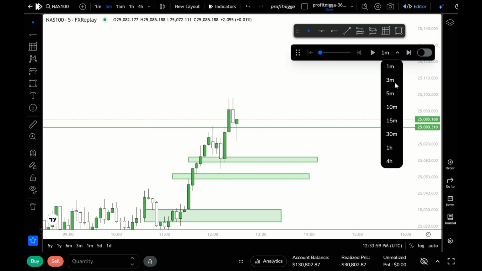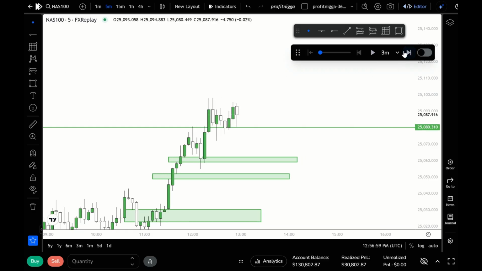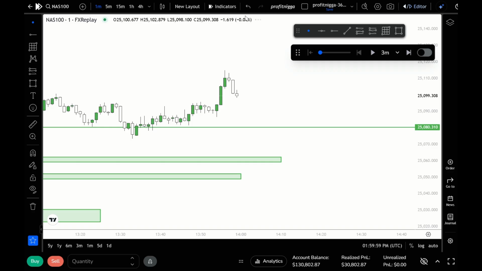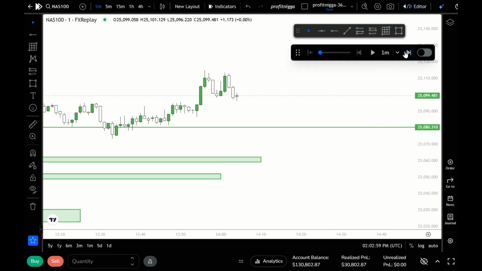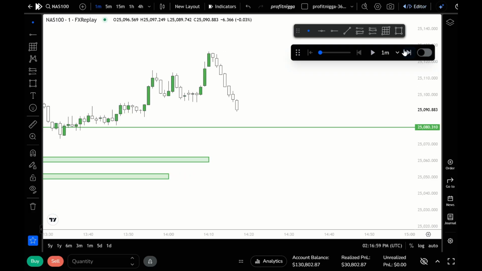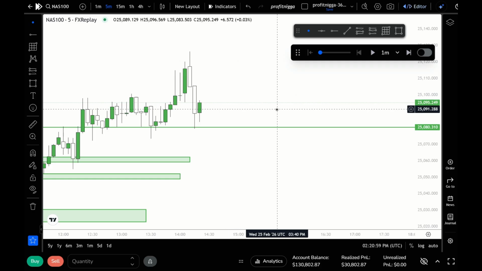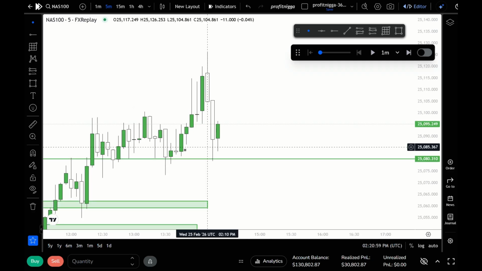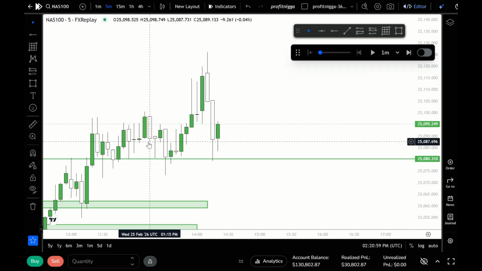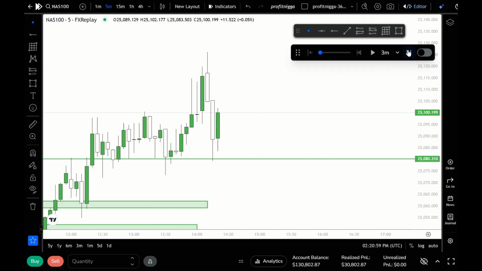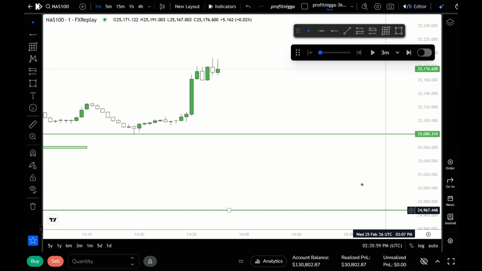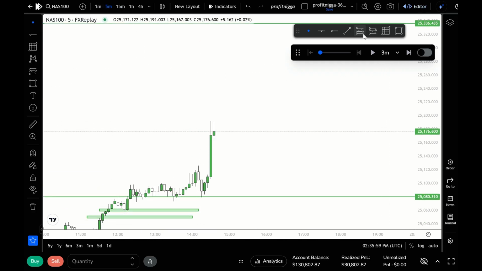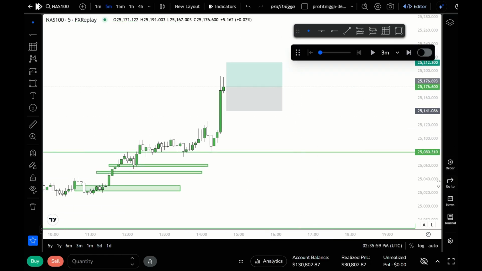Even though we were already to the upside, it is best to see how market moves first. It may look like I waited too much, but now we will be entering longs.